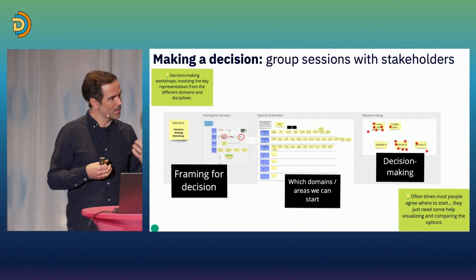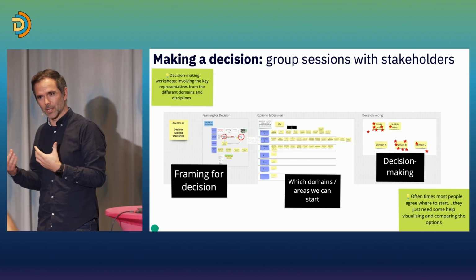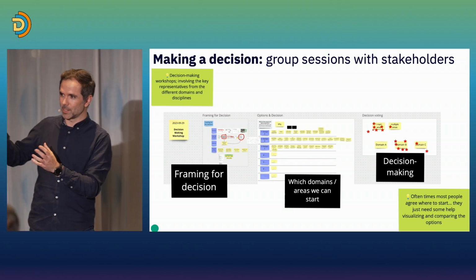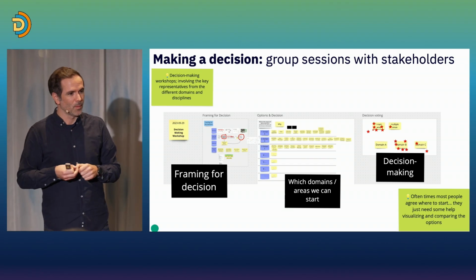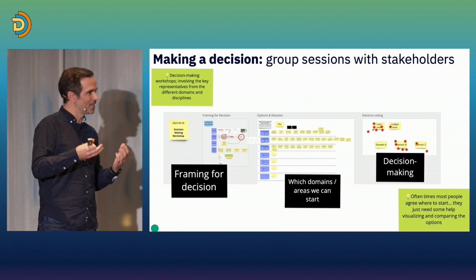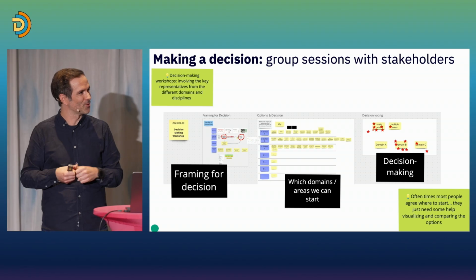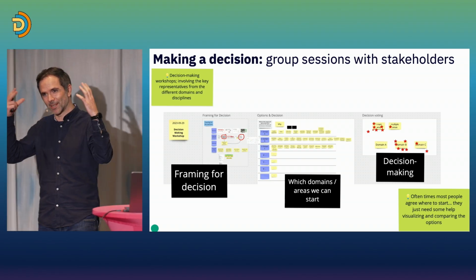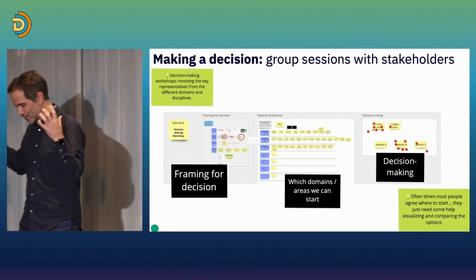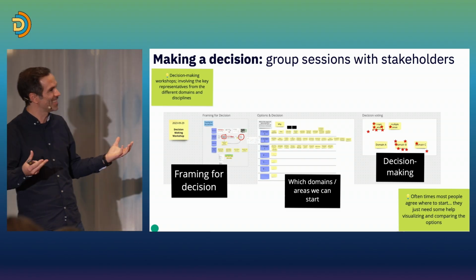So by just having these simple workshops together, making things a bit more explicit and just start seeing them, people just agreed, okay, this is where we should be going, and so that confusion was more something that we create in our minds than anything else, right?